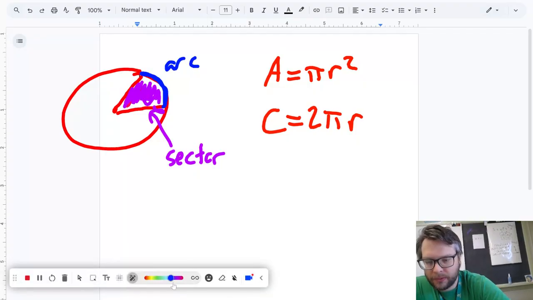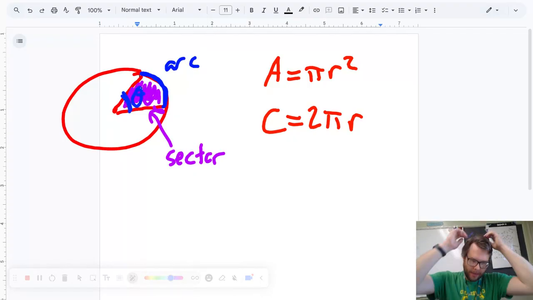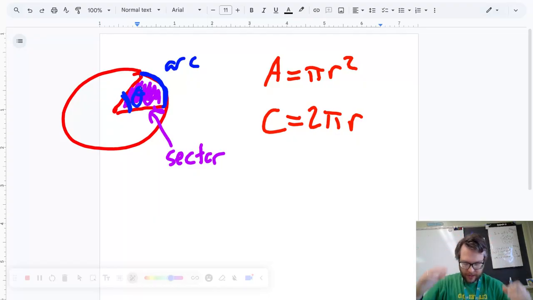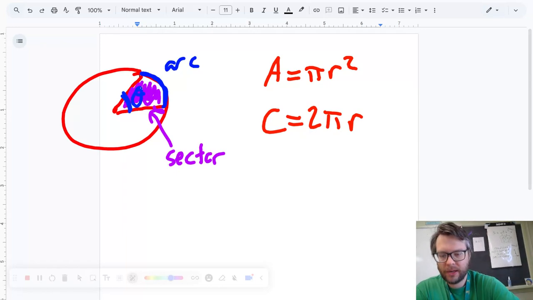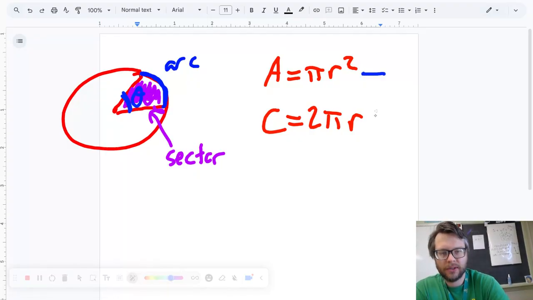So what we do is we focus on this angle right there called theta. And think about it, the angle represents the fraction of the full circle that we're focusing on here. So here's how I can adjust the circumference to be an arc length.